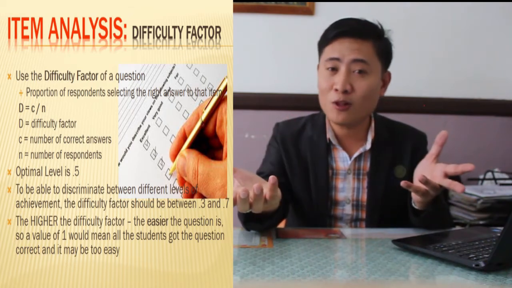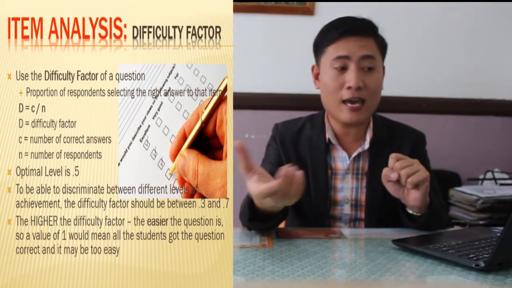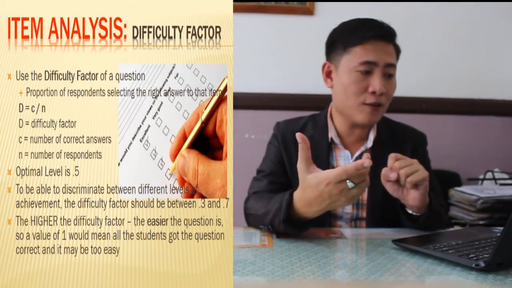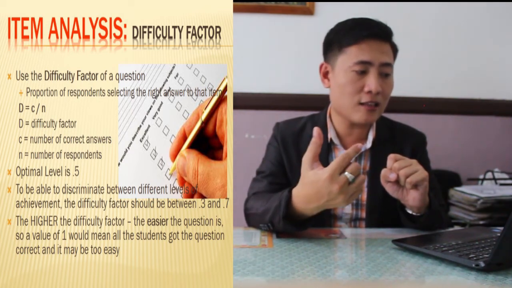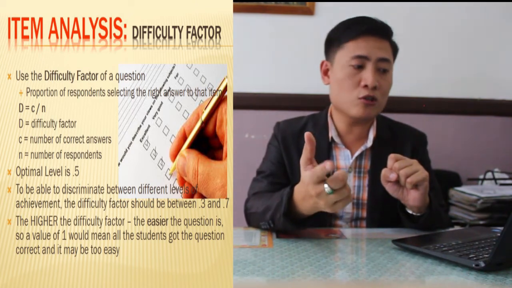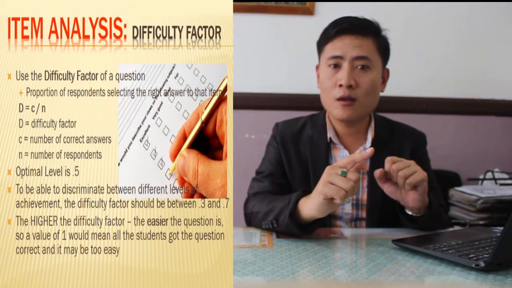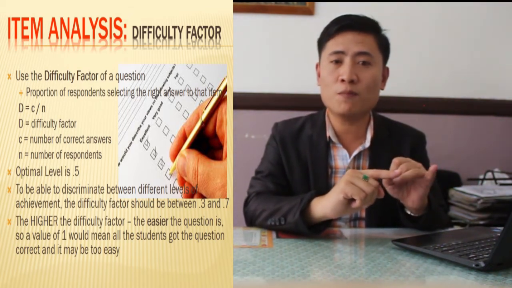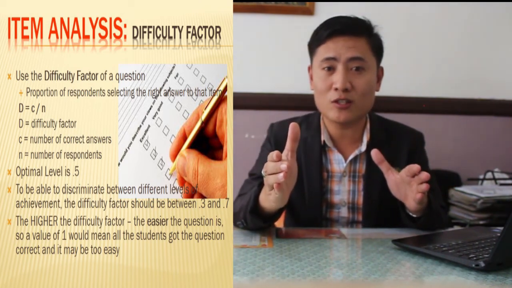That is very simple. We are doing that as a teacher. We compute the correct responses, and that is the difficulty factor, where D is the difficulty factor, C stands for the number of correct answers, and small letter n, the number of respondents. The optimum level is 0.5, wherein 0.3 to 0.7 are the acceptable or reliable test questions.